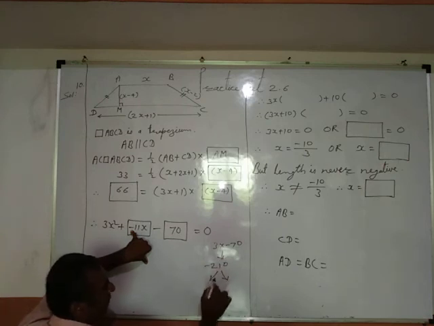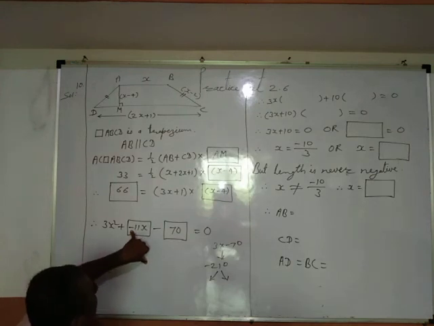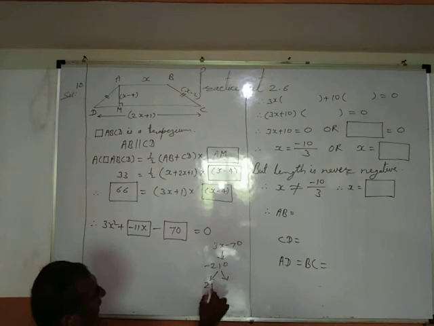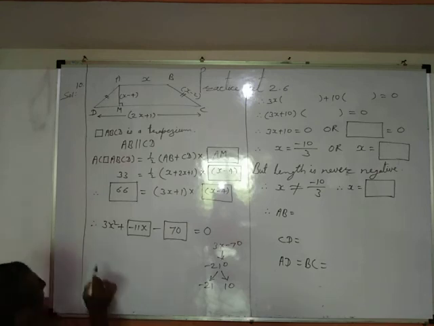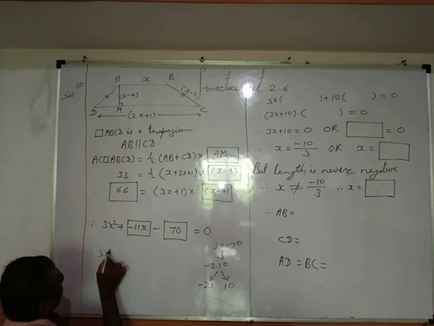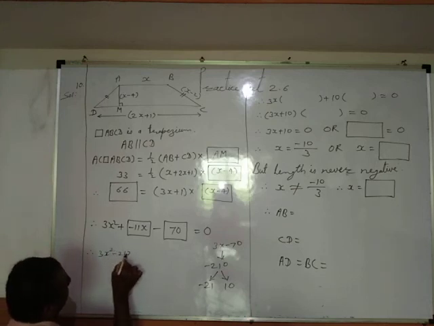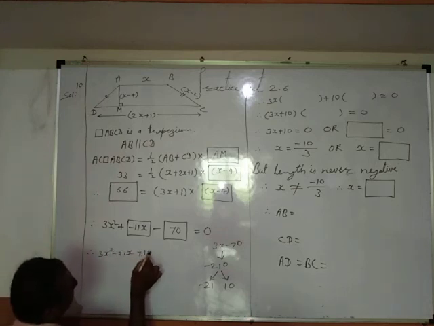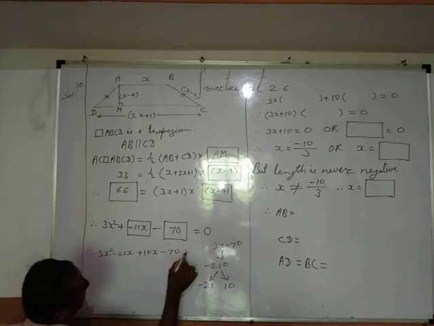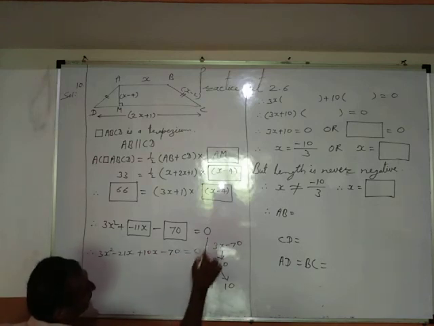Minus 210 must be factorized such that their addition will be minus 11. Yes, 21 tens are minus 21 plus 10. Therefore, 3x square minus 21x plus 10x minus 70 equal to 0.